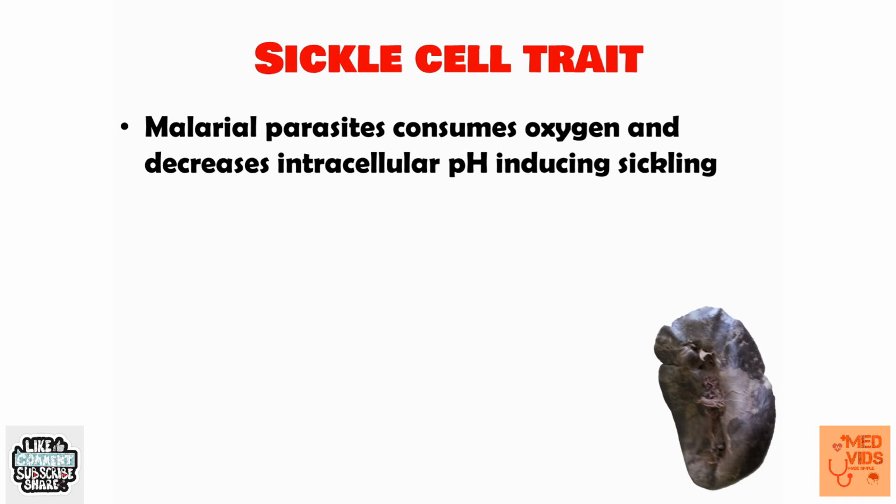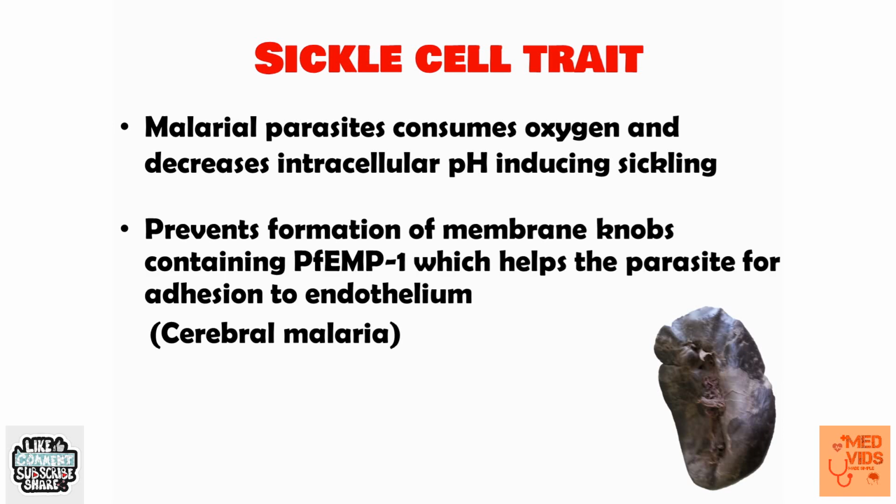Another mechanism is that it prevents the formation of certain membrane knobs containing a protein called Plasmodium falciparum EMP1, in short PfEMP1. This is a very important protein for the malarial parasite, which helps the parasite adhere or attach to the endothelium of the blood vessels.